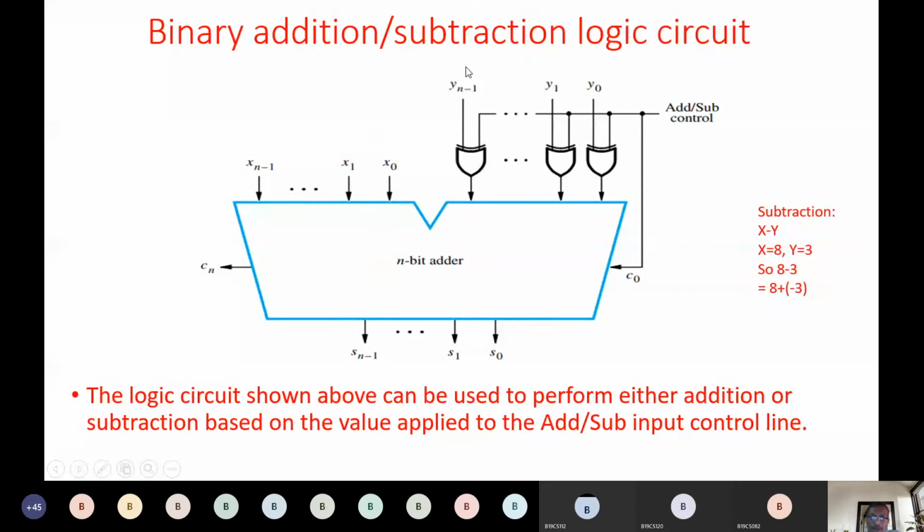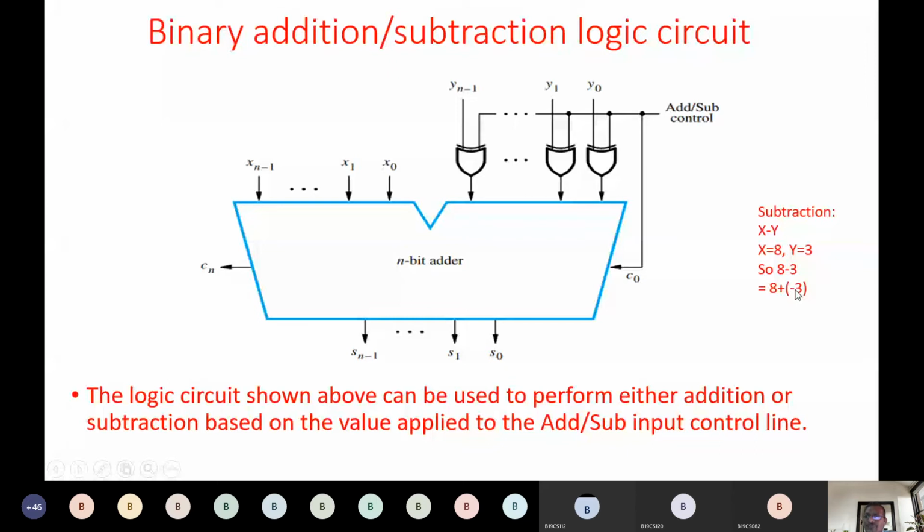But for subtraction, for example x minus y, say x is 8 and y is 3, I need to do 8 minus 3. Here the same addition is done, but it is 8 plus minus 3.